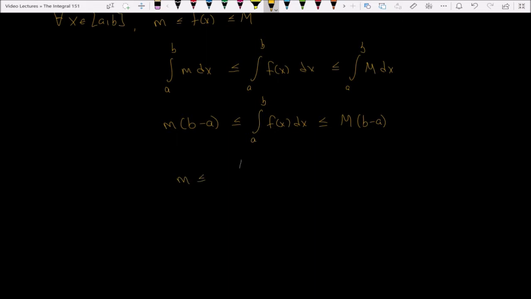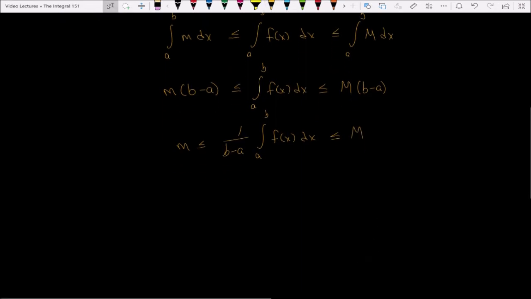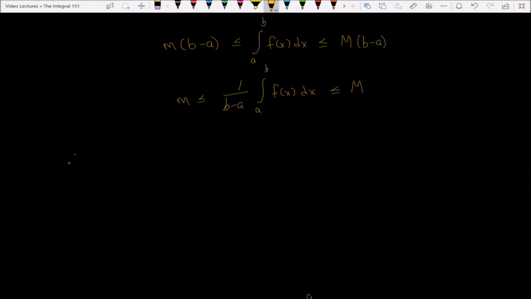We get little m is less than or equal to 1 over b minus a times the integral from a to b, f of x dx, which is less than or equal to big M. But this, the 1 over b minus a times the integral from a to b of f of x dx, is just a number, and it is between little m and big M.